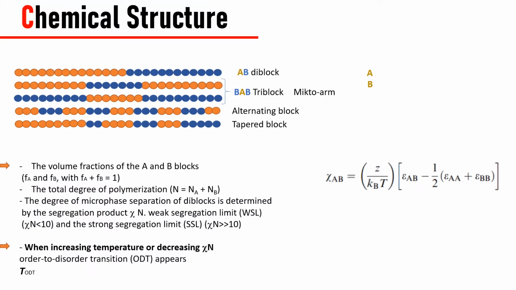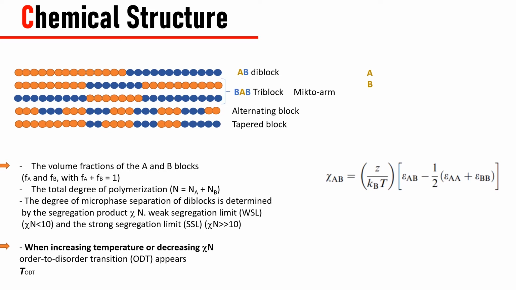He emphasized the importance of studying the chemical structure of the block copolymers, whether you have a diblock, a triblock, miktoarm, alternating blocks, tapered blocks, and so on. He emphasized determining the volume fraction of blocks A and B, the total degree of polymerization, and the degree of incompatibility between blocks A and B by calculating the product of chi AB, the Flory-Huggins parameter, multiplied by the aggregation number.